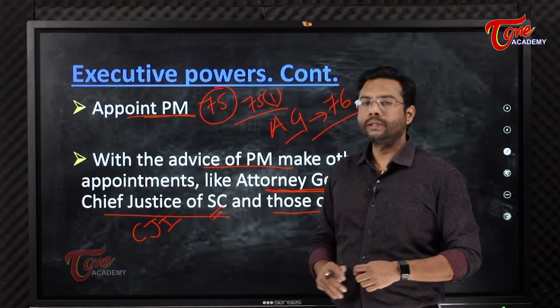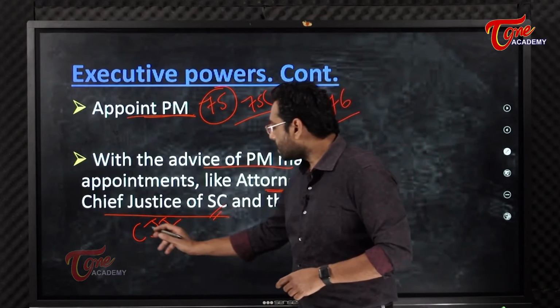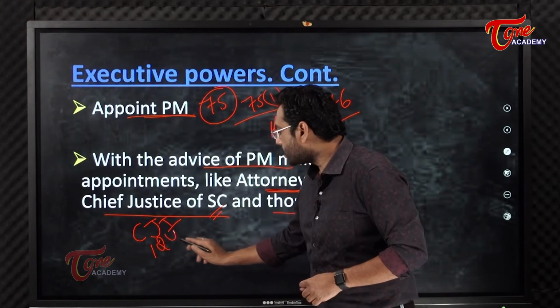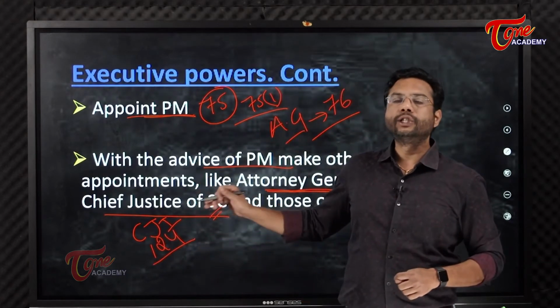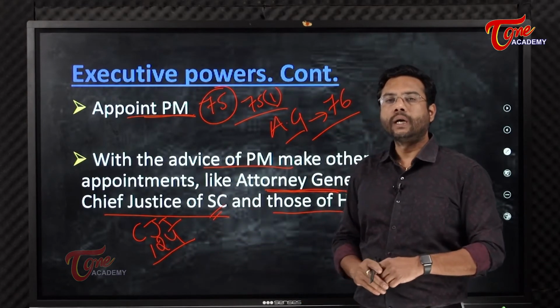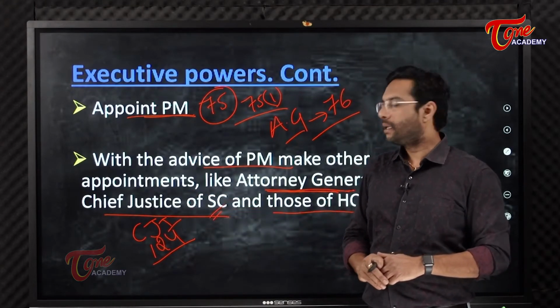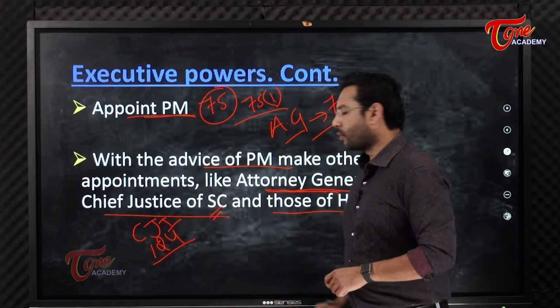So this one is important. The Chief Justice of India and other judges of the Supreme Court are appointed by the President under Article 124.